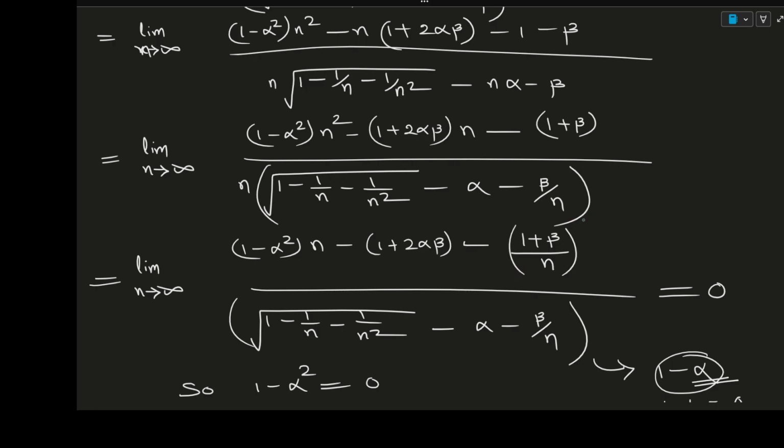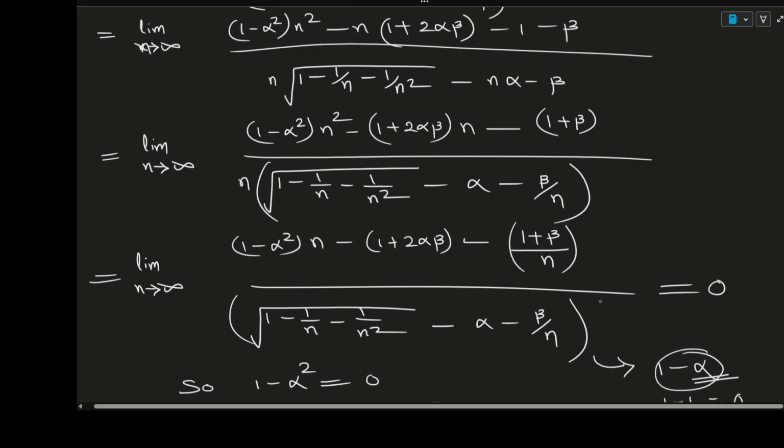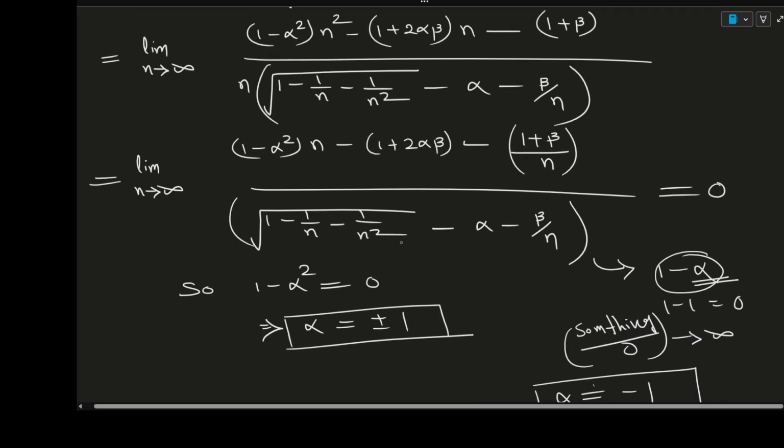So this term will be 0, this term will be as it is written, and this term will be infinity. So when n tends to infinity, this function will tend to infinity. But it is given that the limit of this function will be 0. So for that the coefficient of n has to be 0. So I equate 1 minus alpha square equal to 0, and I got two values of alpha here, that is +1 and -1.